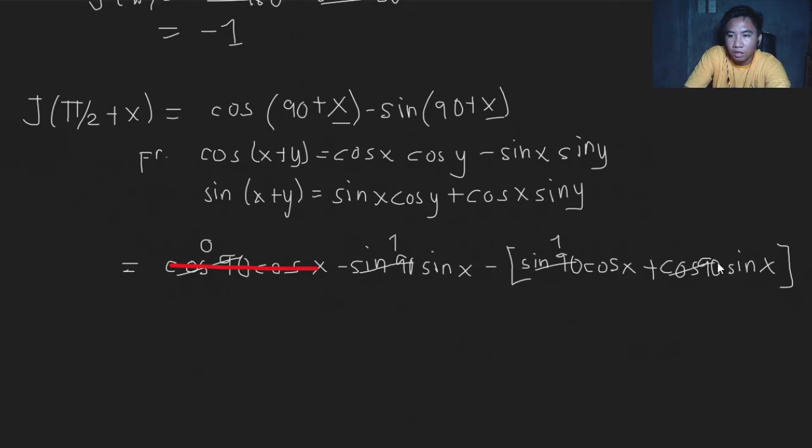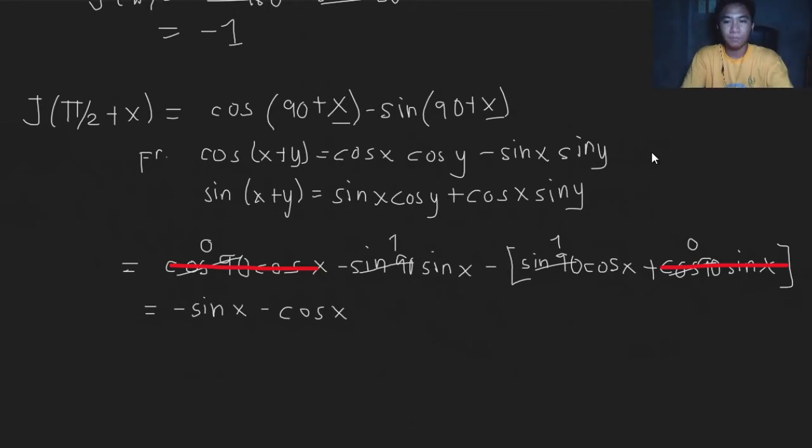And then, cosine 90 is 0. So, ang lahat ng ito ay mawawala na. So, our answer will be negative 1 times sin x. So, it becomes negative sin x minus cosine x. Yan. So, tapos na natin yung isa.